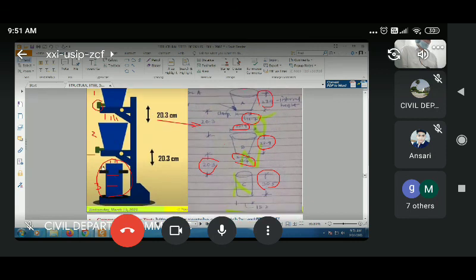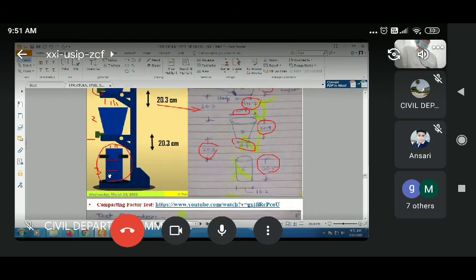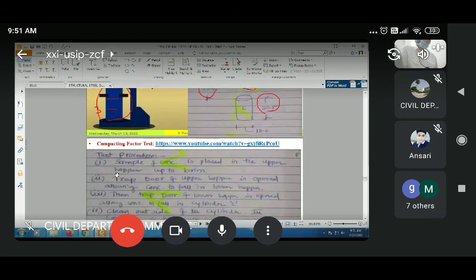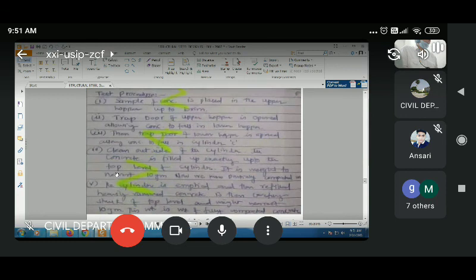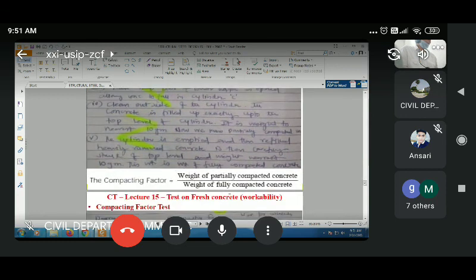Then strike out the excess material, clean and wipe off the excess material on the outer side of the cylinder, and then we measure the partially compacted concrete weight. Then we fill the concrete again, full compaction is done, and the fully compacted weight of your concrete is measured.